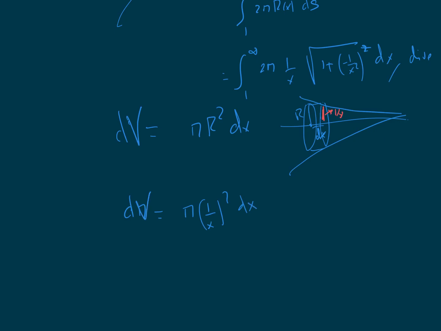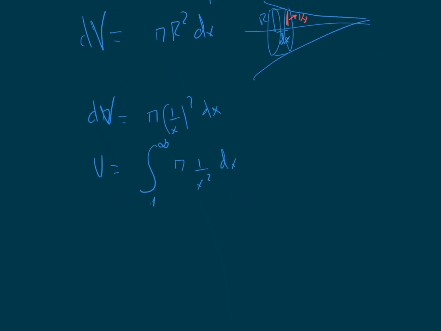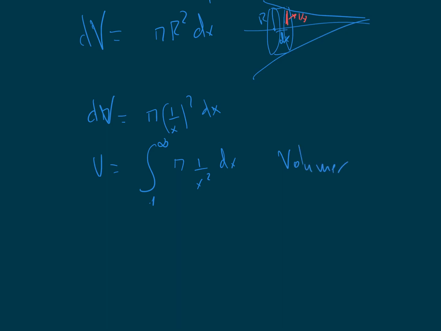This is the small volume, and the total volume is the sum of all these terms: pi times the integral of 1 divided by x squared dx from 1 to infinity. Will this volume converge or diverge? This volume converges. It's strange that the volume converges.